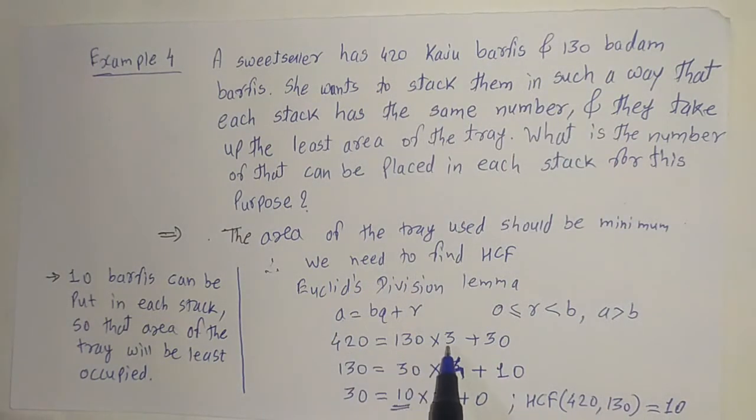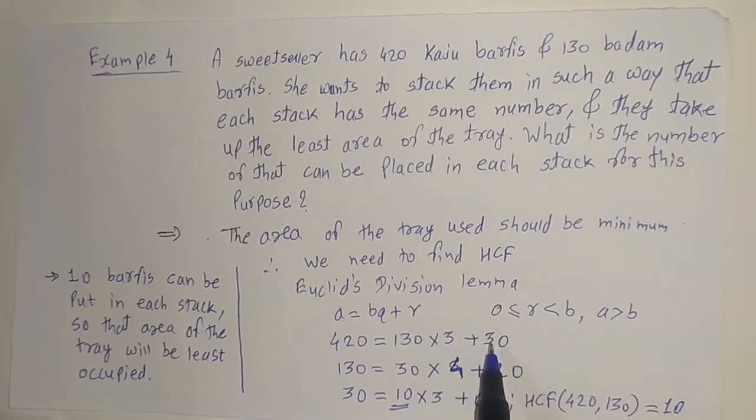So what will be the quotient in this example? 130 into 3 is 390. So 420 minus 390, you will get the remainder as 30. So it is not 0. So we have to continue the process till the remainder is 0. The value of r should be 0. Then only you will get the HCF as your final answer.